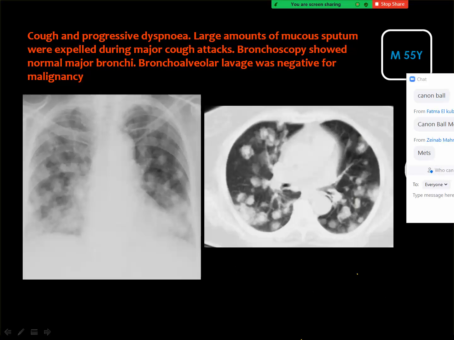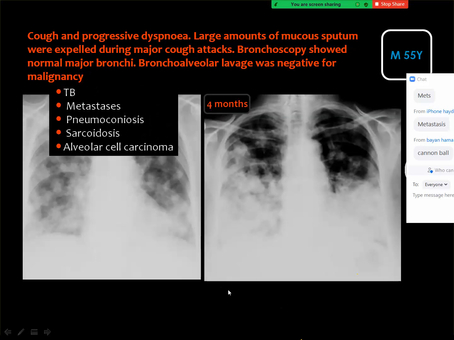Then your answers are in the direction of metastasis, and this is right because I always emphasize the diagnosis of multiple pulmonary nodules or masses are in the direction of metastatic deposits.